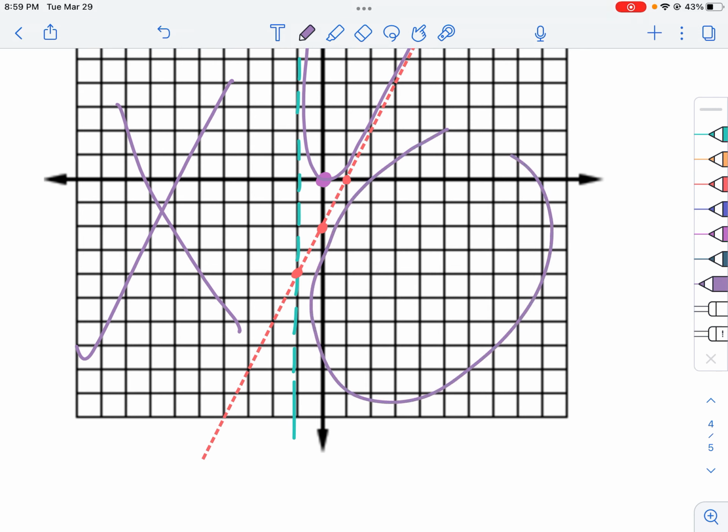On this side, if you graphed anything here, we would fail the vertical line test, which would mean this would not be a function. So we also cannot graph anything here, which means the only section left to graph in is right down here. So then this graph is going to come just like this.